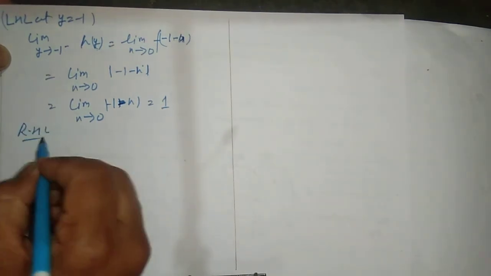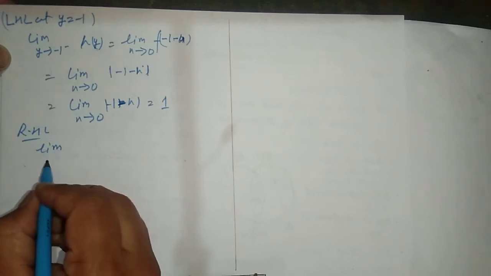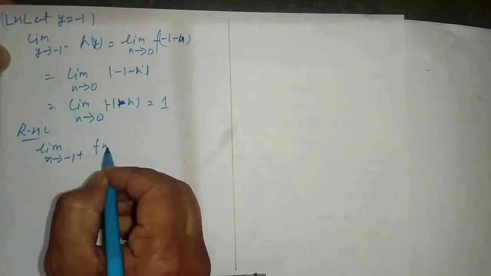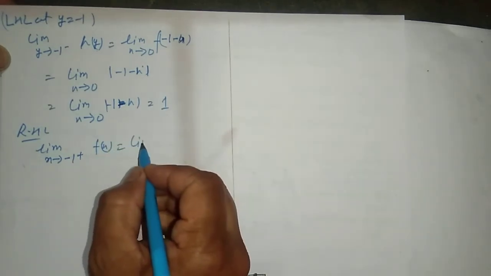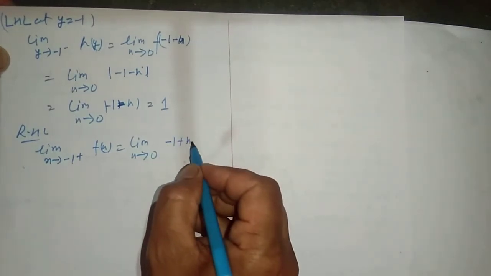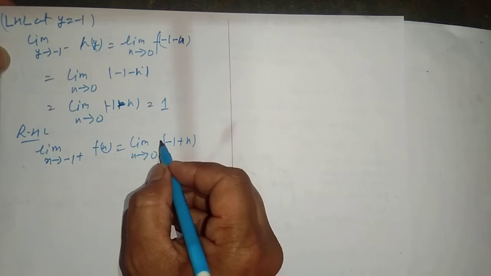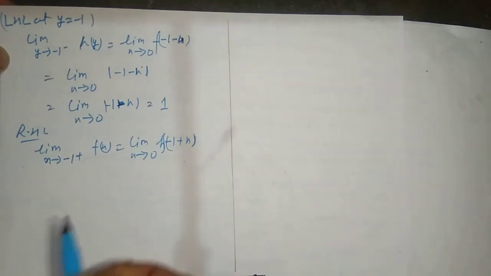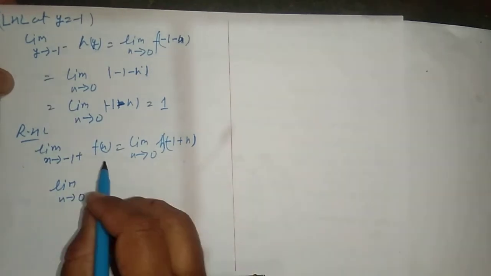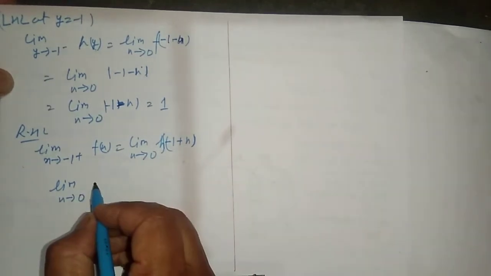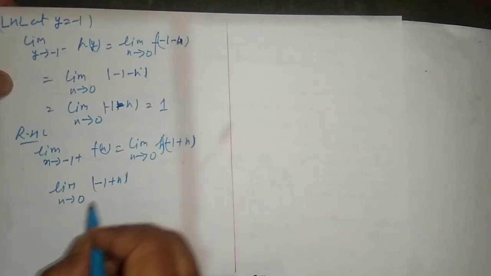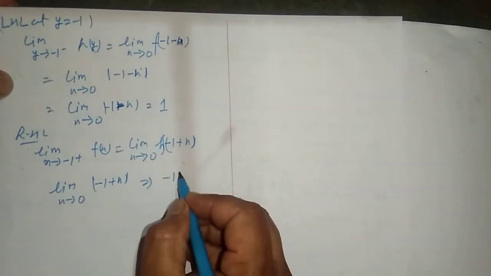RHL, right hand limit: limit y tends to -1 plus of h(y) is equal to limit h tends to 0 of h(-1 plus h). Limit h tends to 0, so we can write it as modulus of -1 plus h, and further it can be written as modulus of -1.